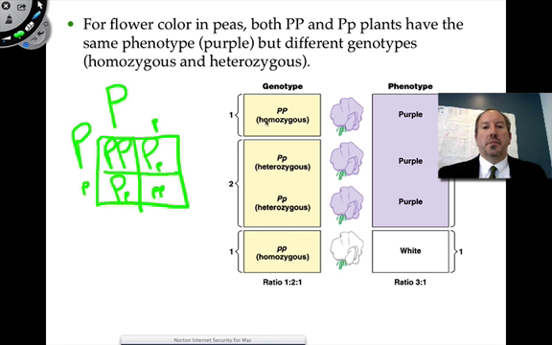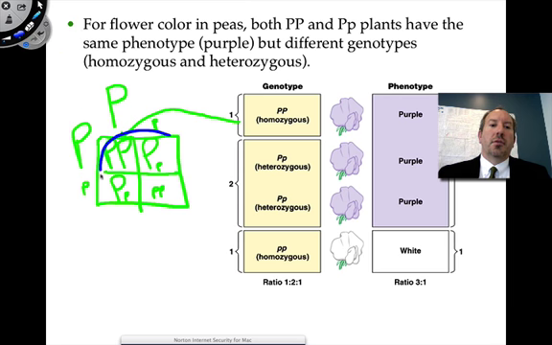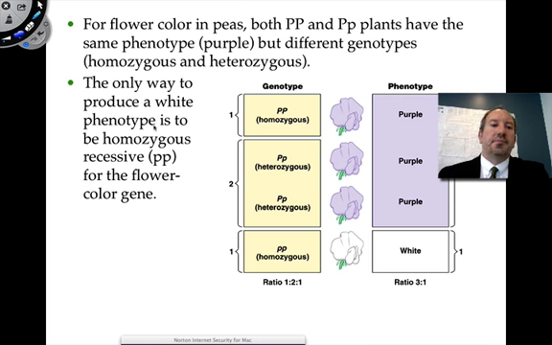And so, as you can see here, I get 1 homozygous dominant, 2 heterozygous, right here, this is the 2, and the 1 homozygous recessive. So the genotypic ratio is 1 to 2 to 1. Whereas phenotypically, what we're dealing with here is 3 purples to 1 white. And that'd be that. And so that's also very useful.